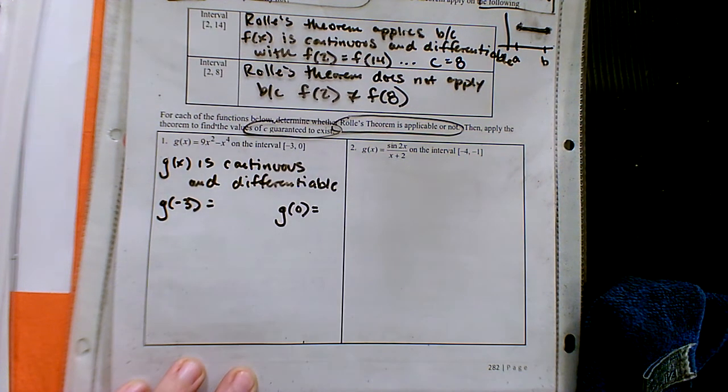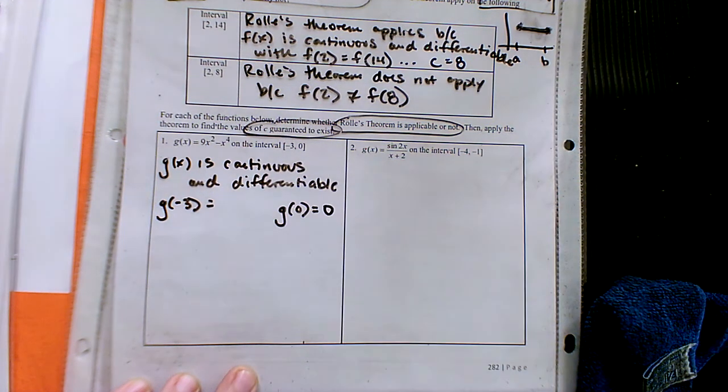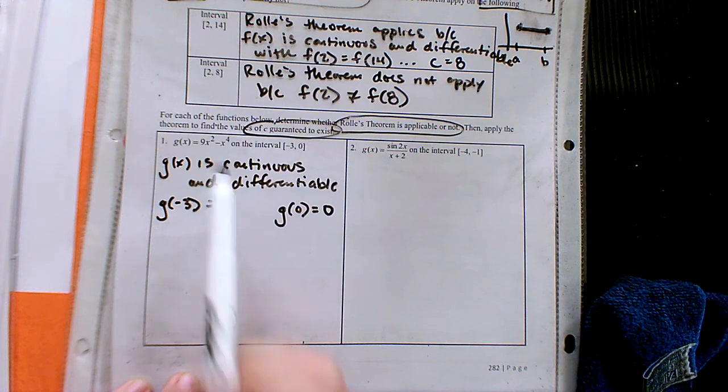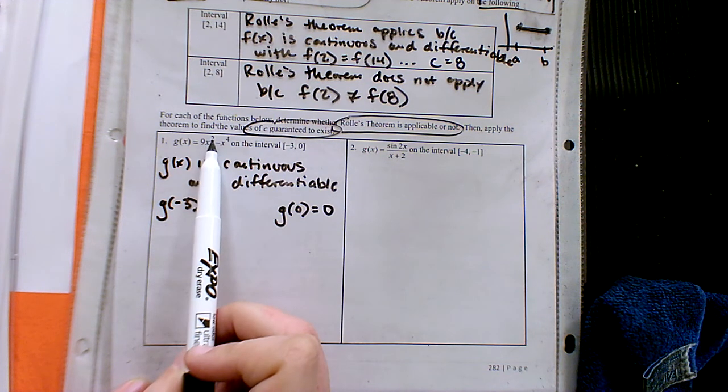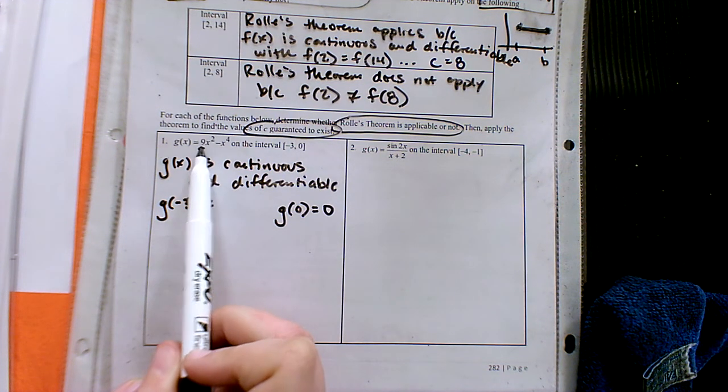So we're going to plug in -3 and we're going to plug in 0. I think 0 is easy. We get 0. What if we plug in -3? -3 squared is 9, times 9 is 81.